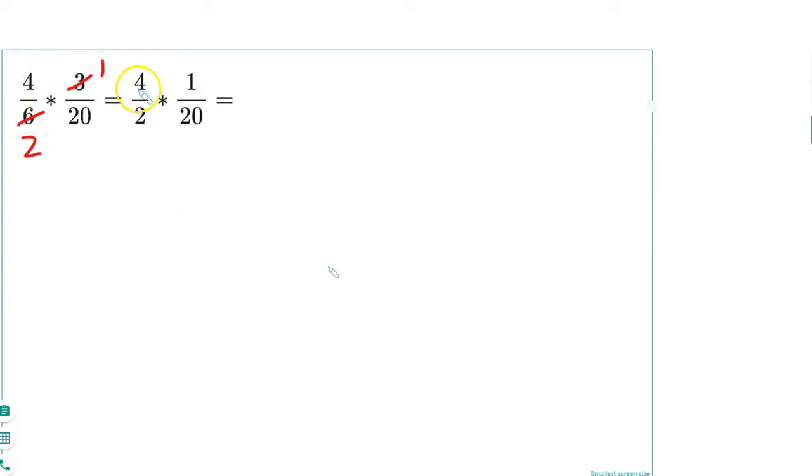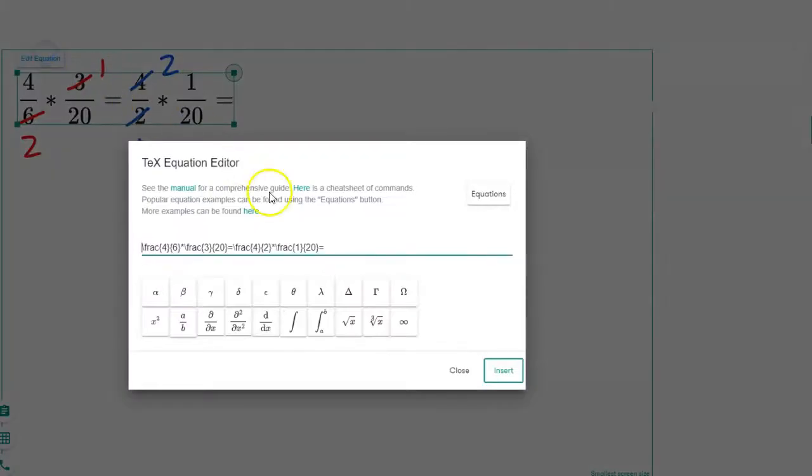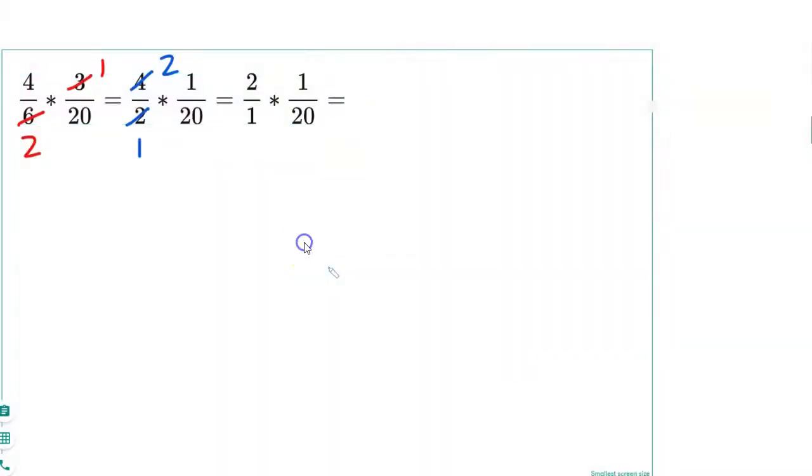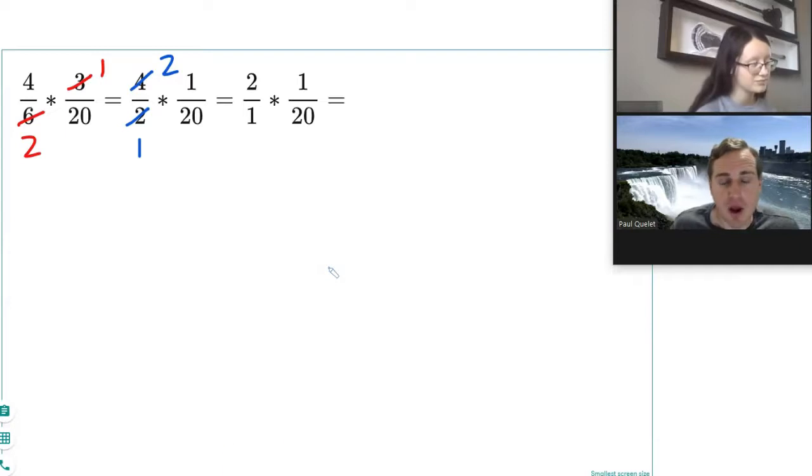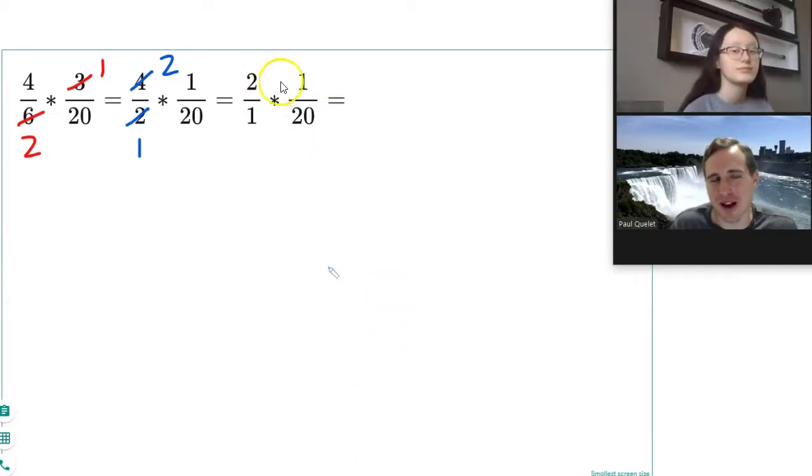Then do just as we did before. You can divide this and this, make this a 1, make this a 2. And then again, do the same thing. Just rewrite it: 2 over 1 times 1 over 20. Now, by the way, even if you didn't realize you can simplify 2 and 20, you see how you'd get 2/20ths, which is the same thing as 1/10?